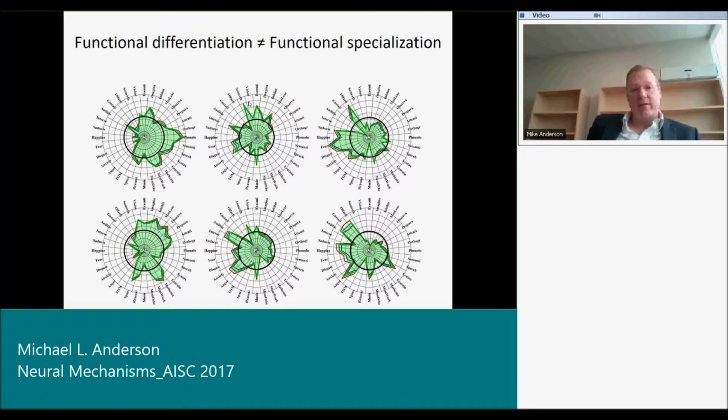You've heard that phrase already in the first talks. The idea here being that each part of the brain is different from each other part of the brain. There's definite functional differentiation. But for a long time, we took that differentiation to indicate functional specialization, and that inference does not seem to be warranted by the actual data.